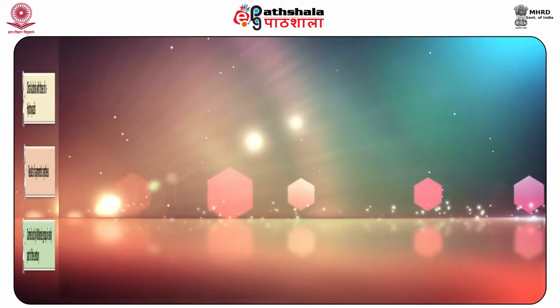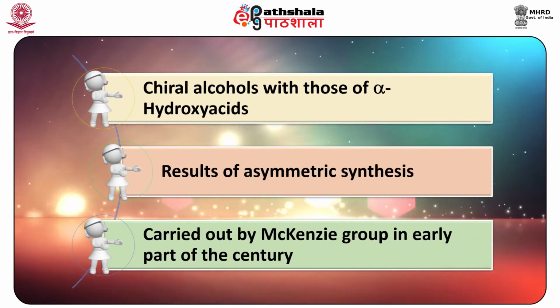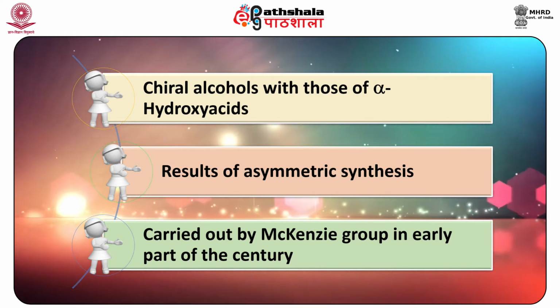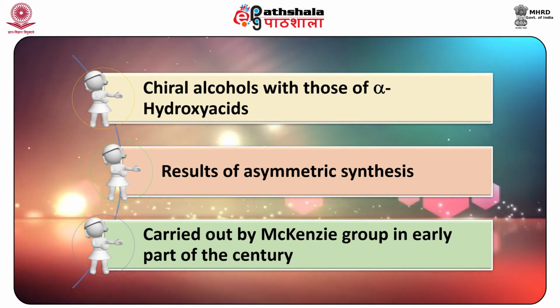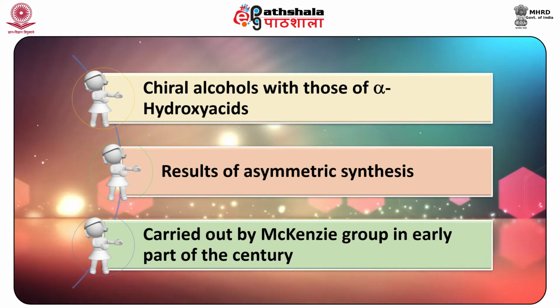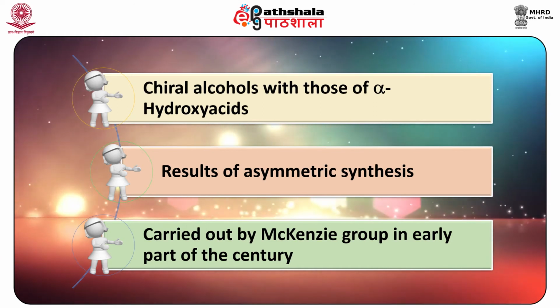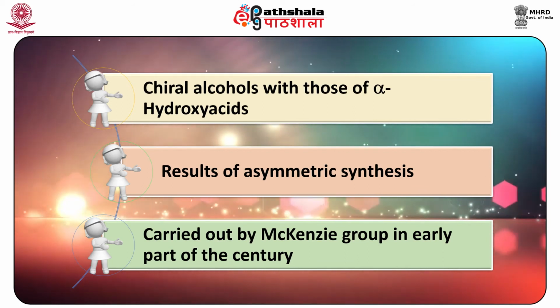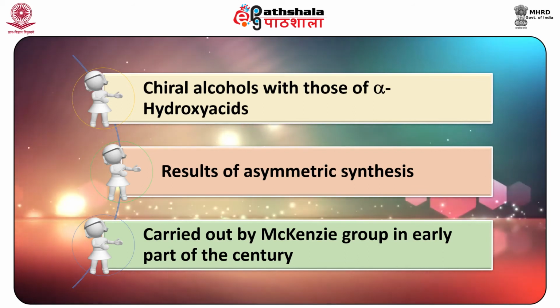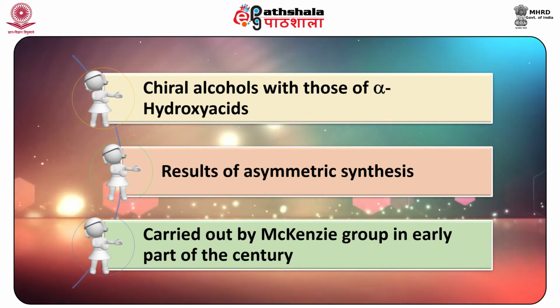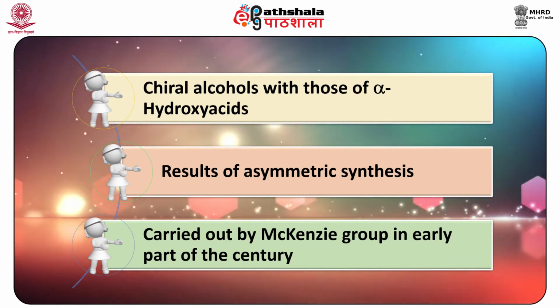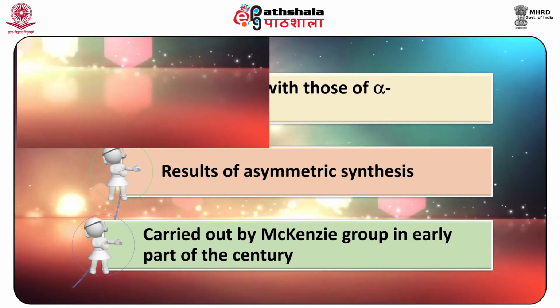Prelog's rule. Prelog's rule, which correlates the configurations of the chiral alcohols with those of the alpha hydroxy acids, especially mandelic acid and atrolactic acid, is the outcome of generalization of the results of asymmetric synthesis carried out by the McKenzie group in the early part of the century.